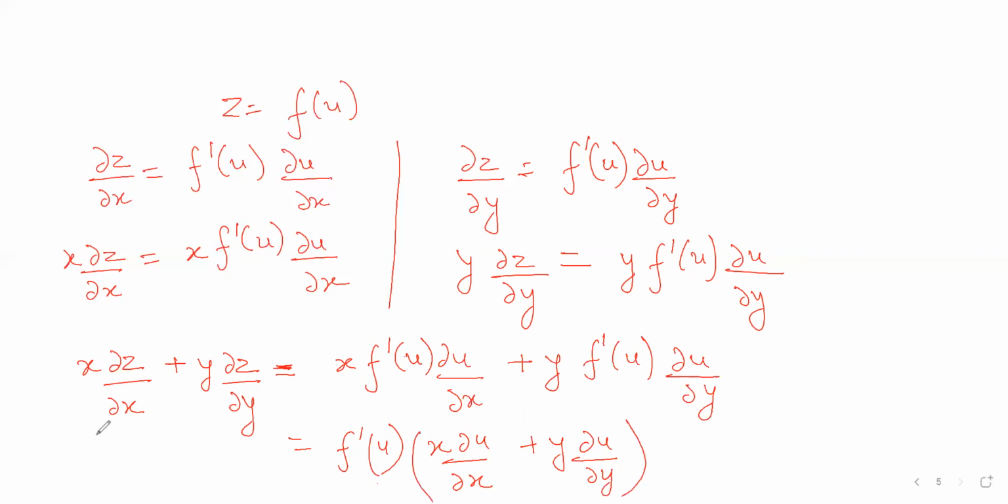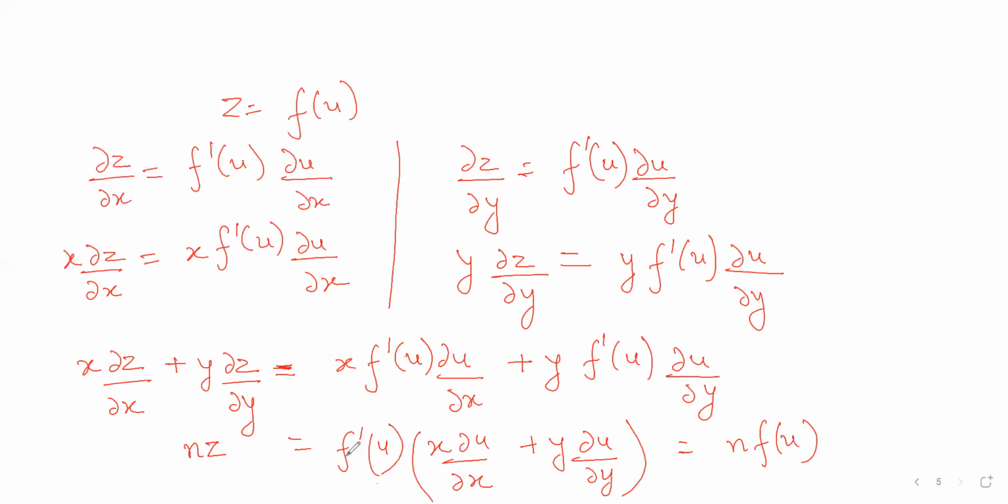And on the LHS we have x del z by del x plus y del z by del y, and that is equals to n z from the Euler's theorem, and this n z is equals to n f of u, right? Since z is equals to f of u.